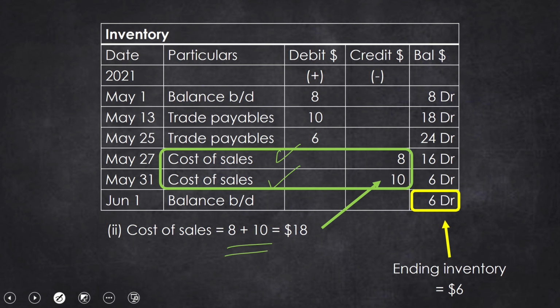I just need to add them up together to get $18. What about ending inventory? Ending inventory is the $6 that I have left at the end of the month. And how do I know which one it is from the inventory account? It is the balance brought down. The balance brought down will show me what the ending inventory is.